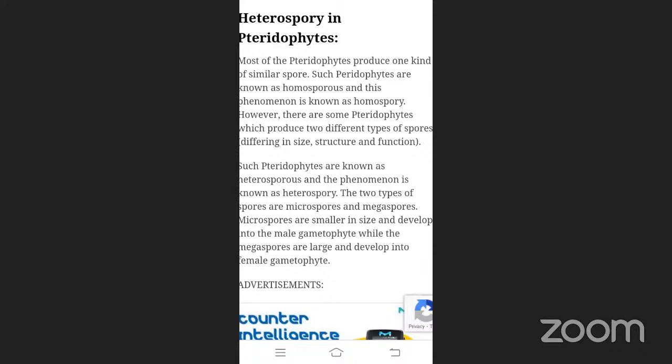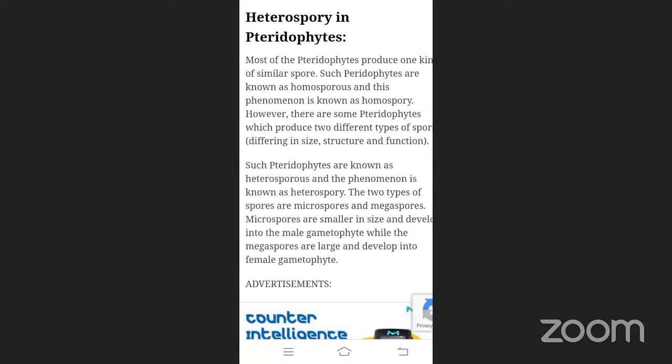That is, the microsporangia produce microspores, and the megasporangia produce megaspores. This property is known as heterospory. In living pteridophytes, heterospory occurs in 8 genera: Selaginella, Isoetes, Marsilea, Pilularia, Regnellidium, Salvinia, and Azolla. We can see the heterosporous condition in these.